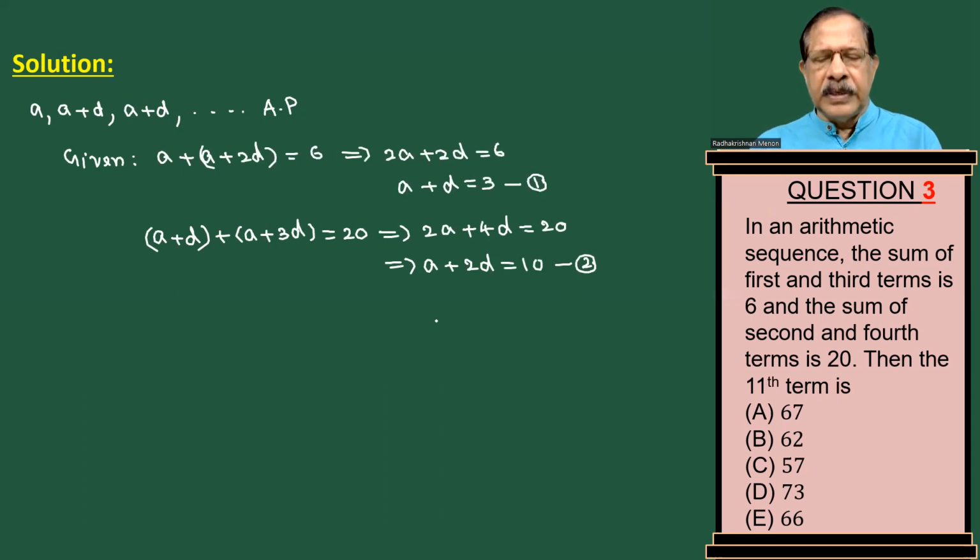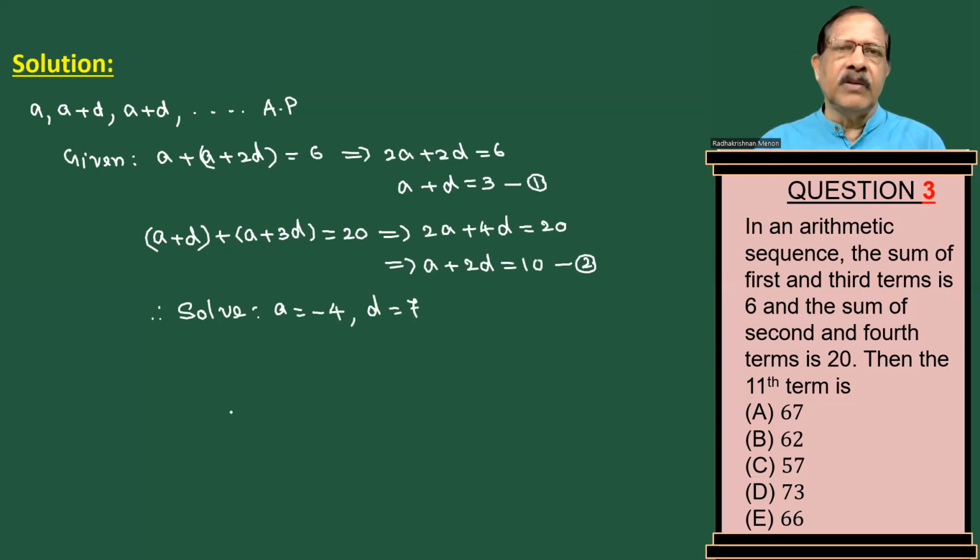So we got a plus d equal to 3 and a plus 2d equal to 10. You solve it, and you will be able to find a and d. You will be getting a equal to minus 4, d equal to 7.